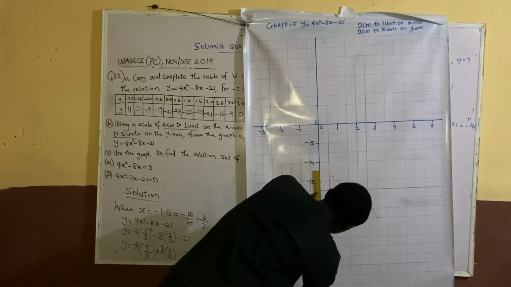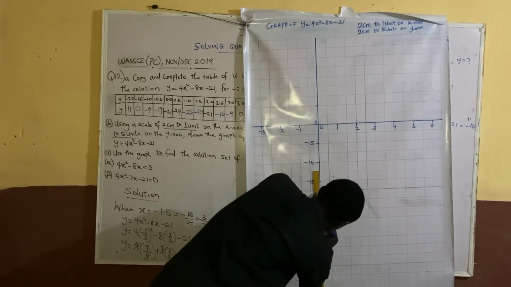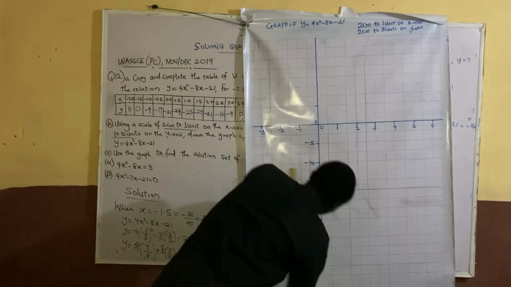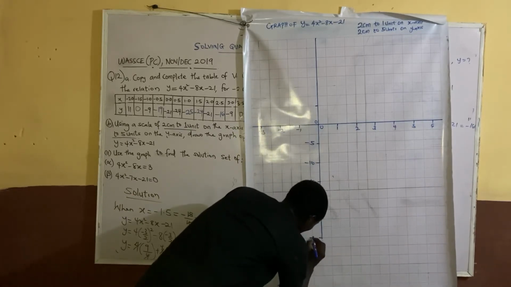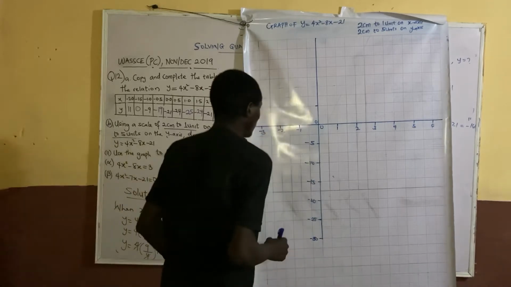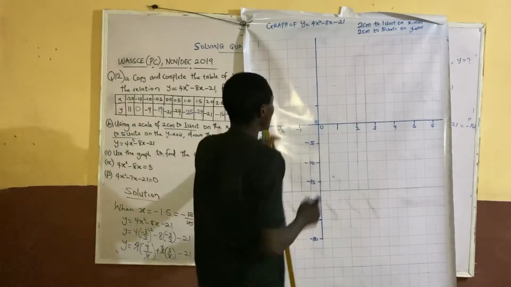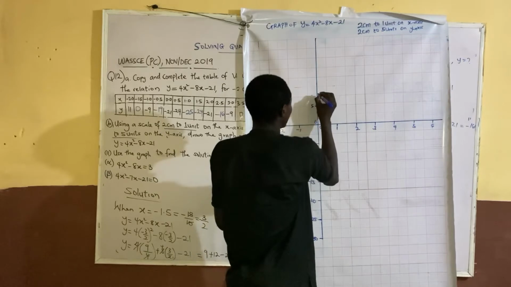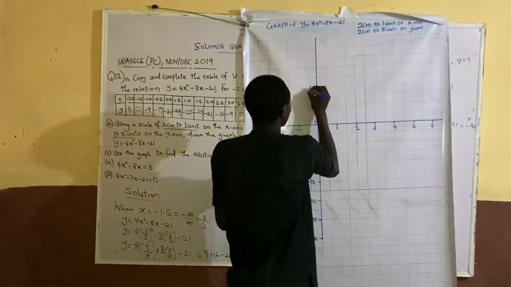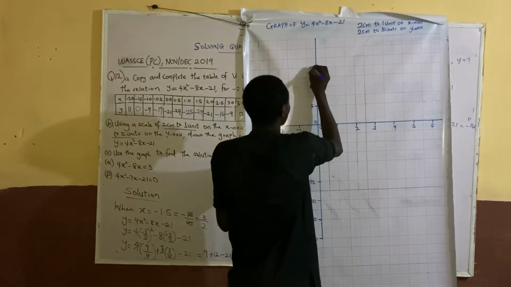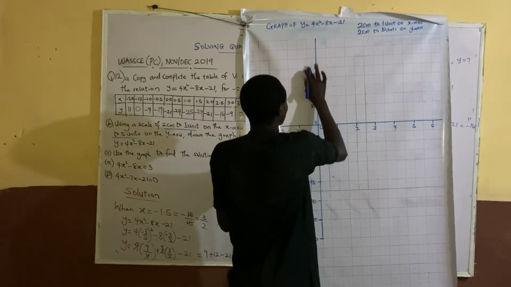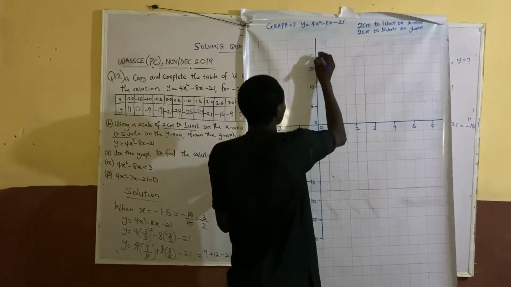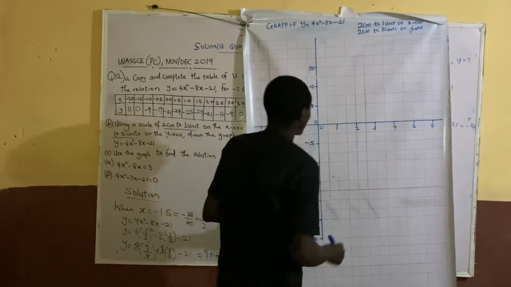So let's have minus 30. Then we have 0 for the positive side, 5, 10, 15, 20, and so on and so forth.